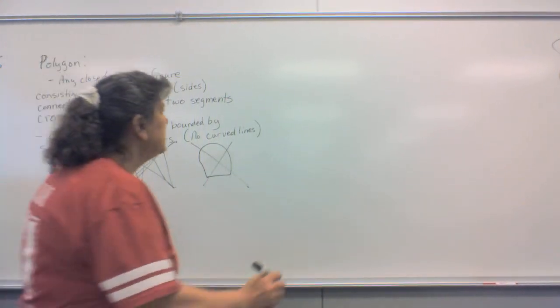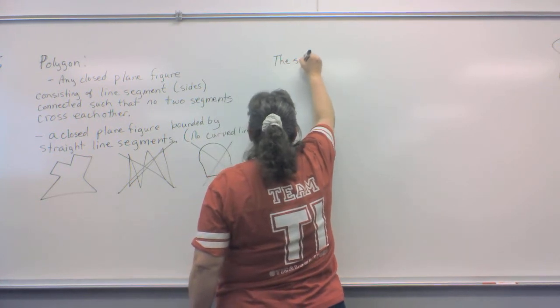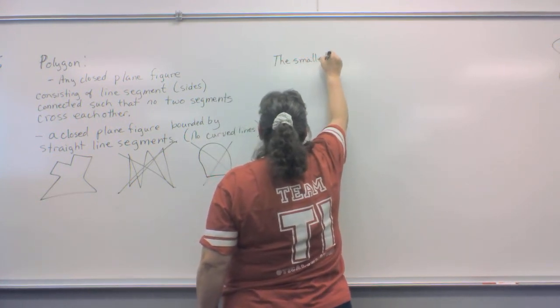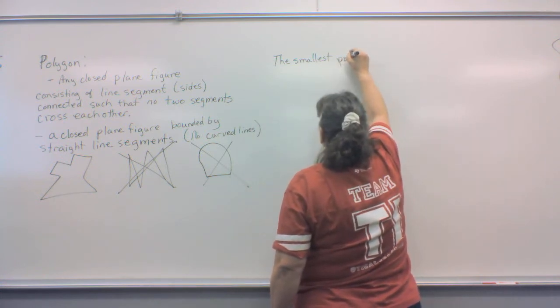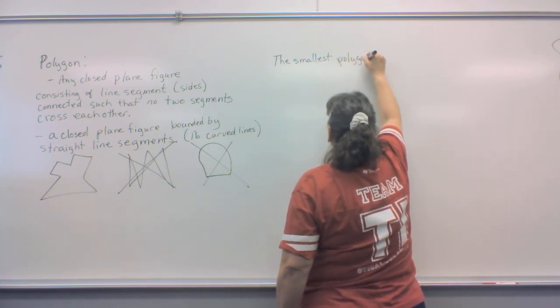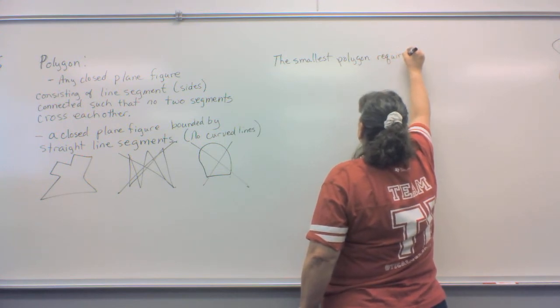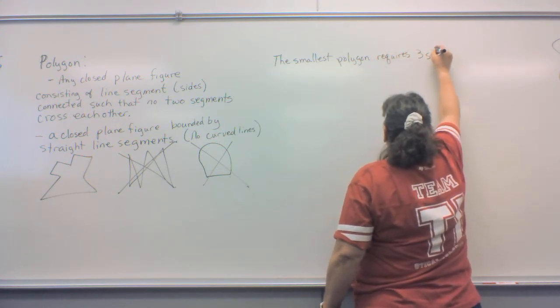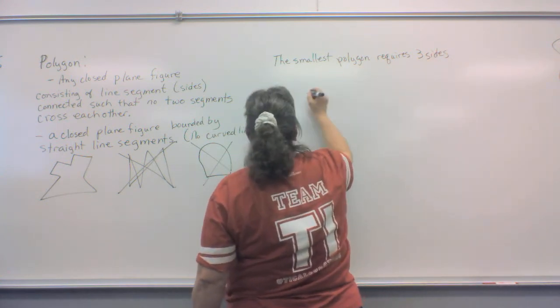The smallest polygon requires 3 sides. And any 3-sided figure would be known as a triangle.